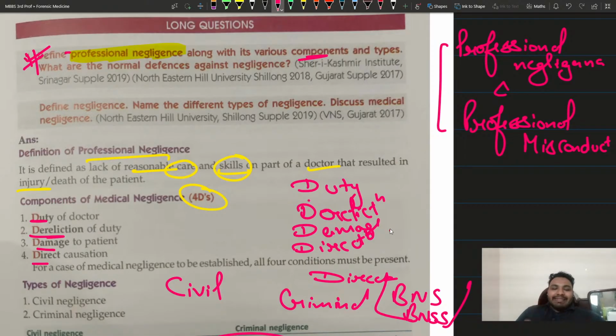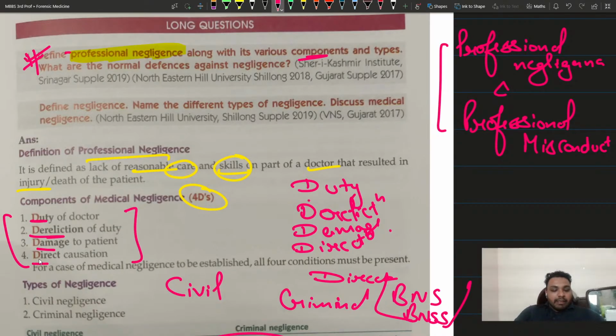Now, medical negligence cannot be established unless all of these four conditions are present. Which means the doctor who has allegedly committed professional negligence is the doctor on duty for the same patient. Secondly, the doctor is not abandoning the patient for some other reason or motive. Then damage: something happened to the patient during this negligence, the patient got hurt.